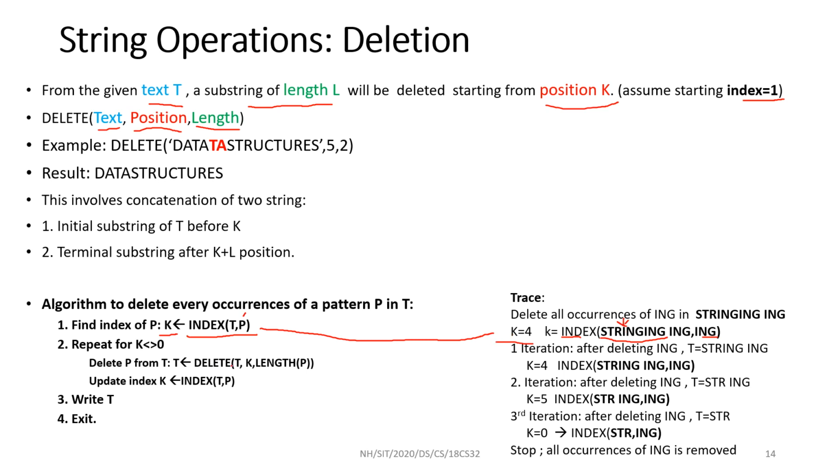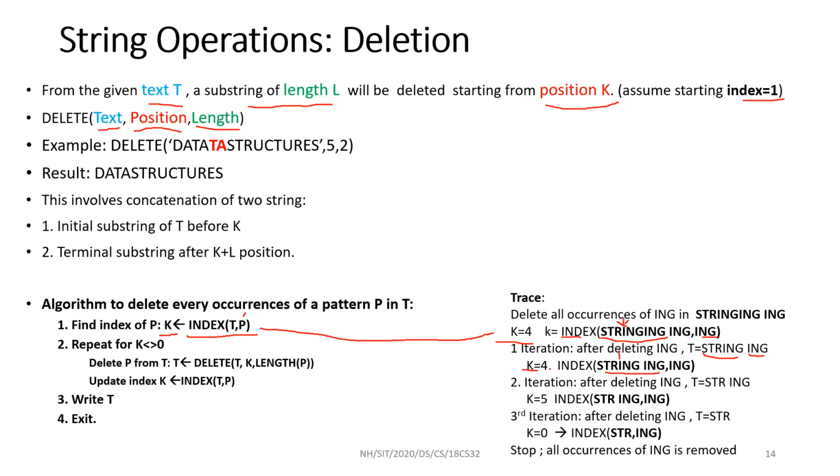Apply deletion. Delete that string. After deleting, you will get the string with one ing gone, and the last ing remains. Again, you find out k value. Find out ing in this string: 0, 1, 2, 1, 2, 3, 4. K value is 4.